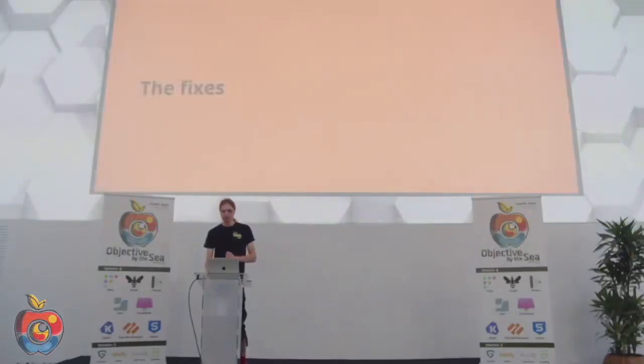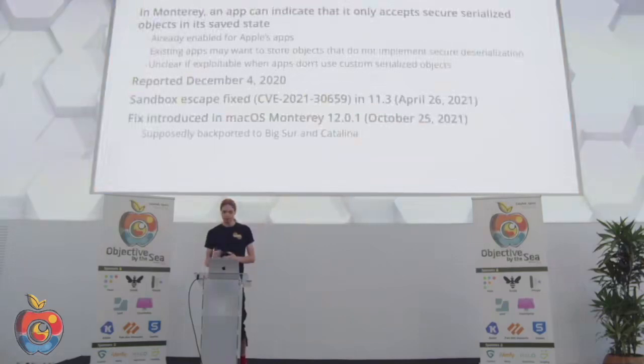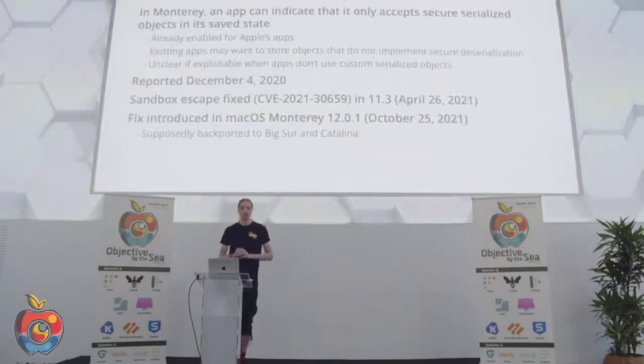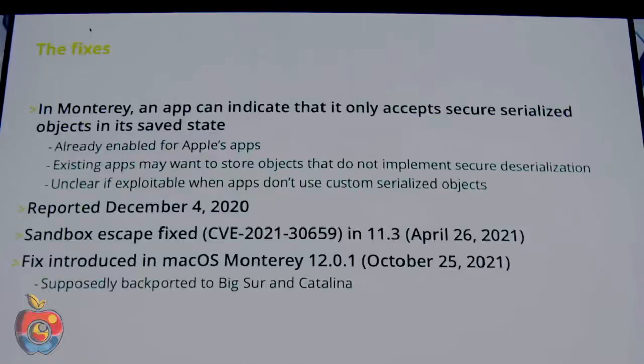So a little bit about how Apple fixed this. To go back to the very first slide, in Monterey, apps can now indicate that they only accept secure serialized objects. So they can just set that secure flag to true. And for all of Apple's apps, this is already automatically enabled. But existing applications may want to store insecure deserialized objects if they have, like, a document format that they need to serialize there.